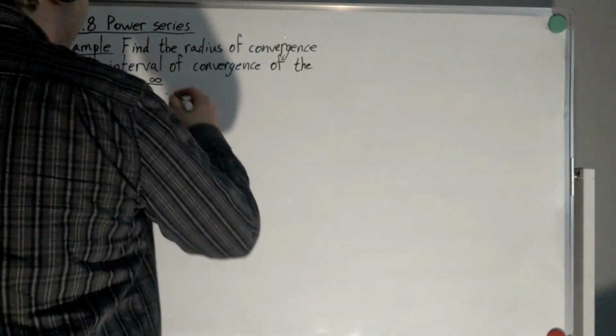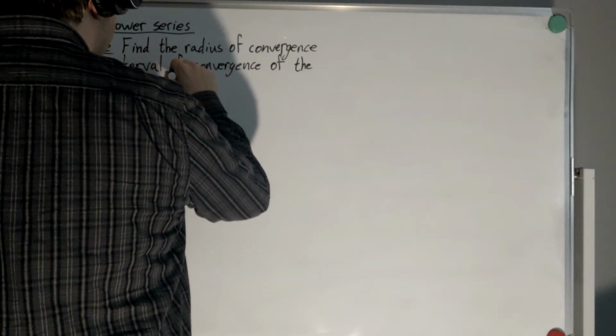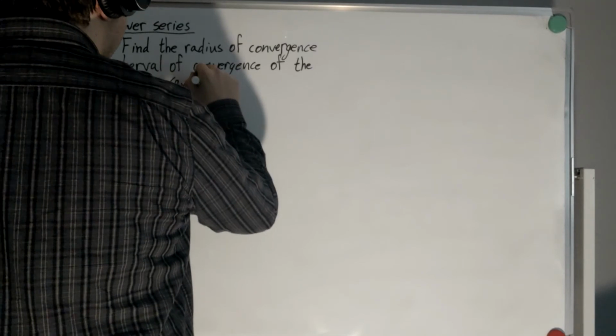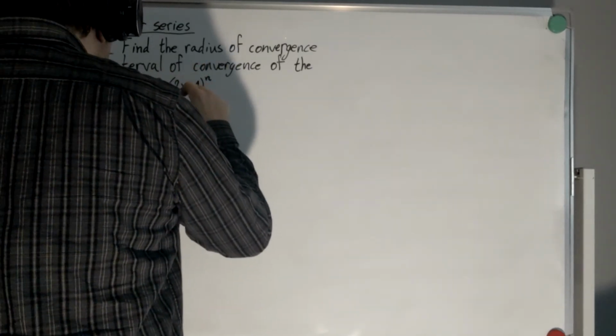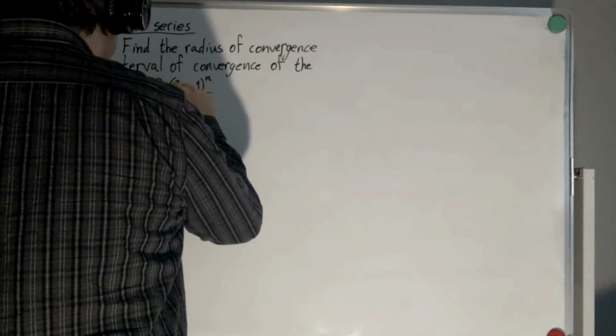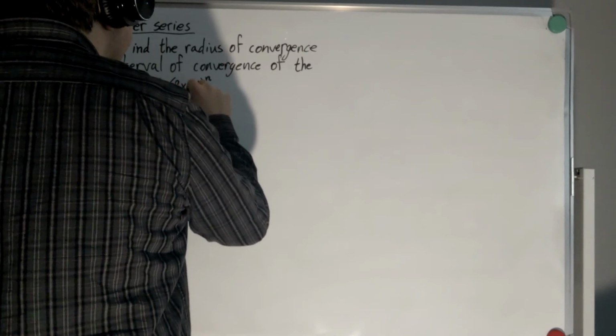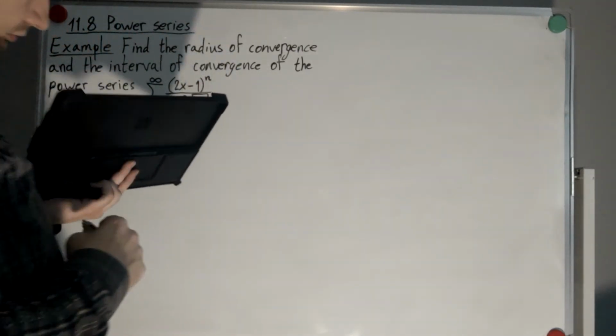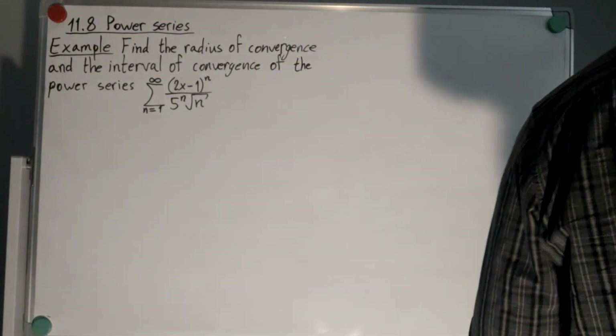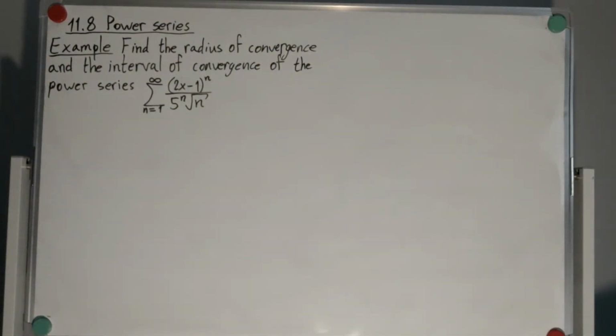This one is the sum from n equals 1 to infinity of (2x minus 1) to the n divided by 5 to the n times the square root of n. Okay, and once again, you might be saying, wait, is this even an actual power series?